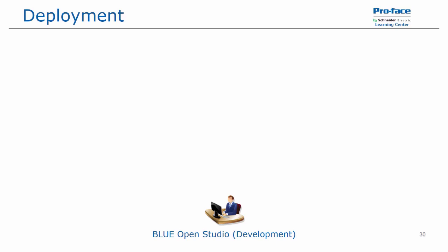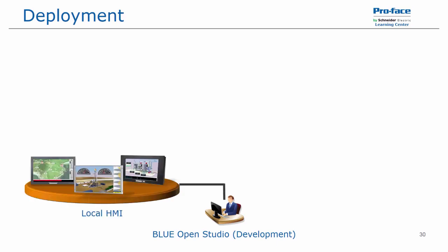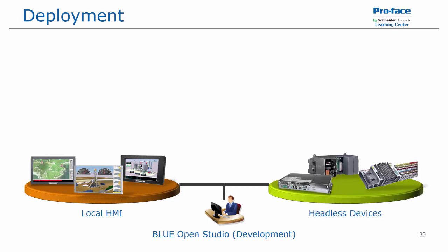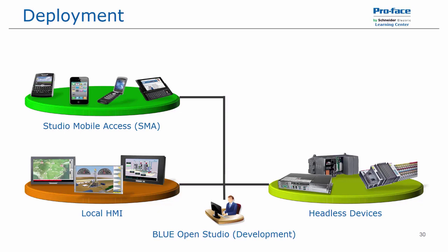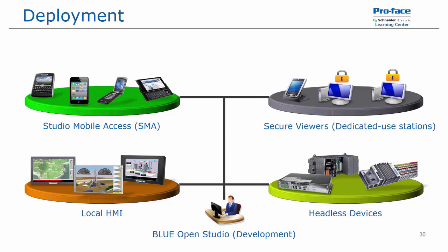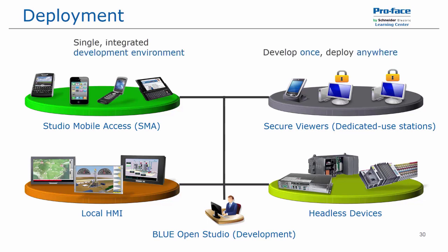A single development station can deploy one or more applications to multiple devices or platforms. So for example, this Blue Open Studio development running on your laptop could develop and deploy to a local HMI or a headless device. It could also deploy to Studio Mobile Access on a phone or mobile device. Also to secure viewers, which we are considering dedicated use stations. A single integrated development environment that allows you to develop once and deploy anywhere.